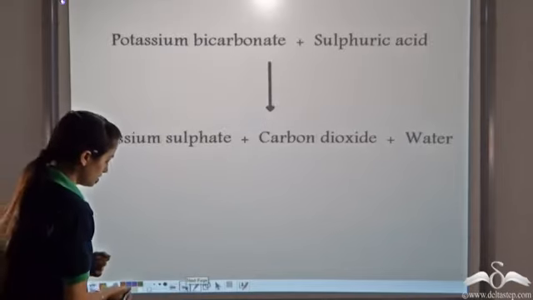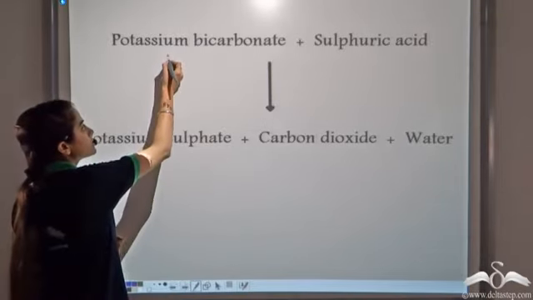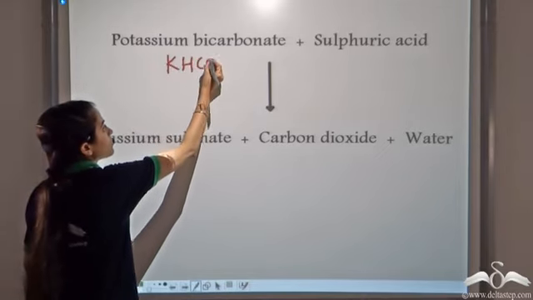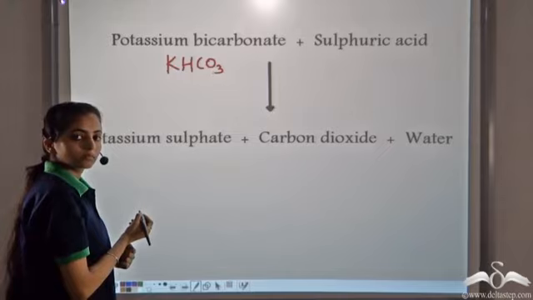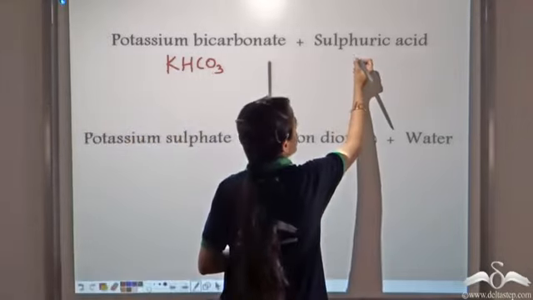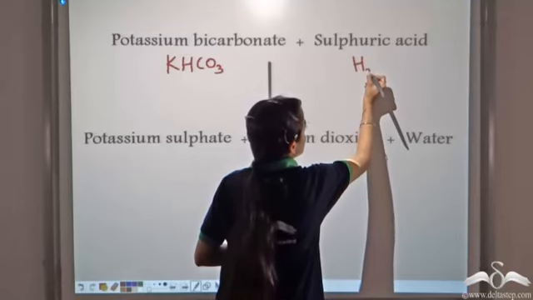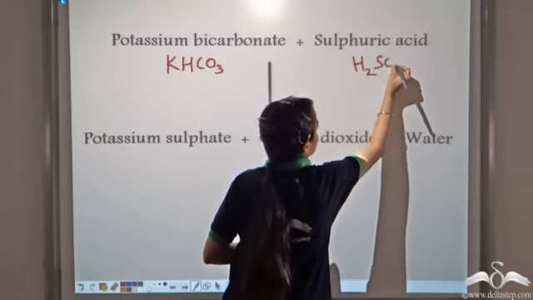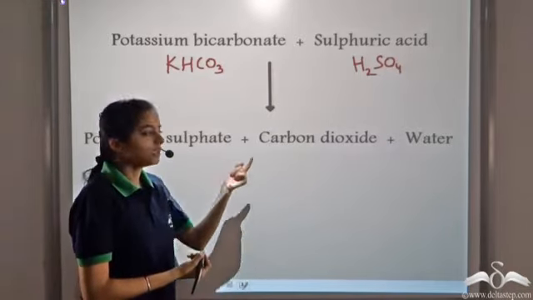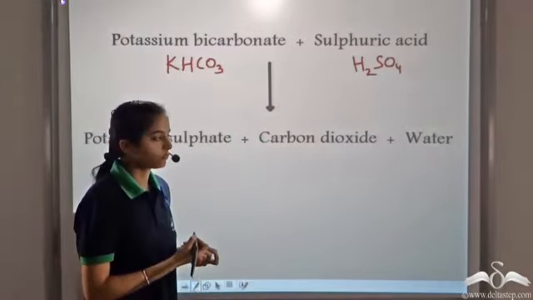We got the formula for this, KHCO3. We know sulfuric acid is a trivial name and we remember its formula, which is H2SO4. It's an acid generally used in the laboratory and we know its formula is H2SO4.